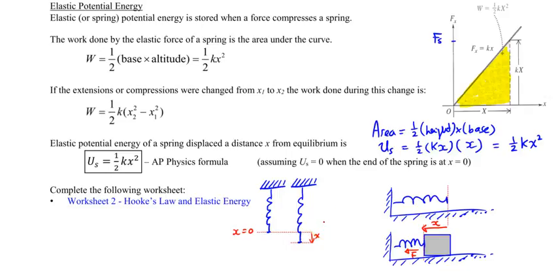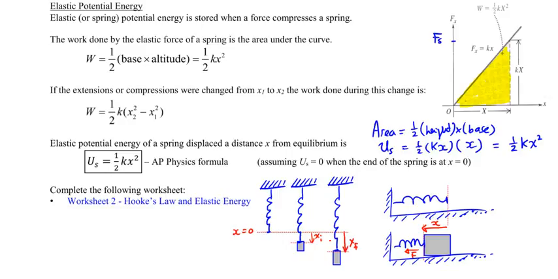And then you decided to stretch it even more. And so now it stretches to this distance x. So maybe we'll call this x_i for the initial position and x_f for the final position. So how much energy would be stored from going from this location to this location in the spring? How would we calculate that spring potential energy?